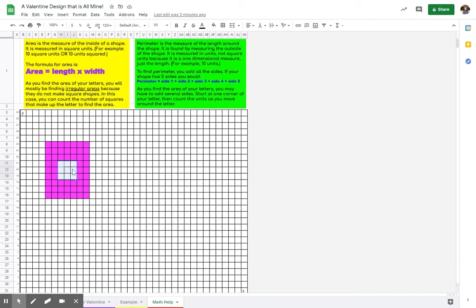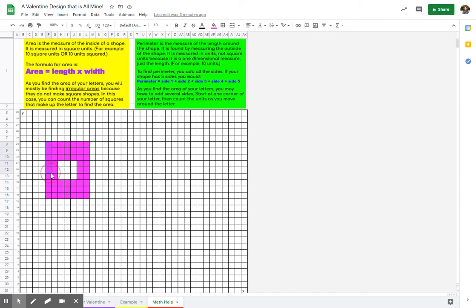So for this letter, we really could use the formula of length times width. This will happen sometimes for your letters if you have something like O or U, where you can use the formula and then subtract what is not shaded in your letter. But for other letters, like M, for example, the formula is not as helpful. And we'll talk about what you can do with those letters in just a second.